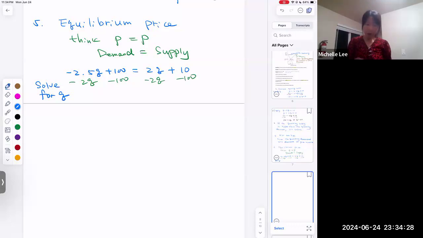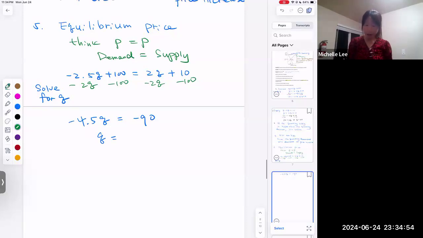So we have 2.5 and then 4.5, right? So negative 4.5Q equal to negative 90, right? Okay, so we have 90 divided by 4.5. So we get 20, right? So Q equal to 20.